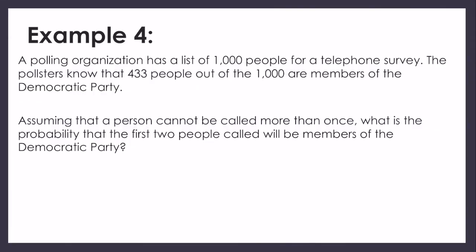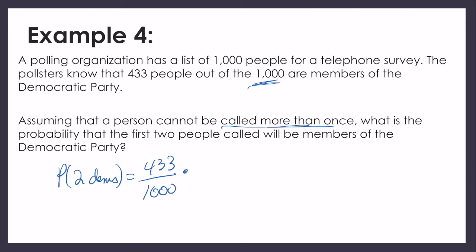So let's say a polling organization has a list of 1,000 people for a telephone survey, and they know that 433 of the 1,000 people they're polling are members of the Democratic Party. Assuming that a person cannot be called more than once, i.e. the events are dependent, what's the probability the first two people called will be members of the Democratic Party? First I've got 433 out of 1,000.